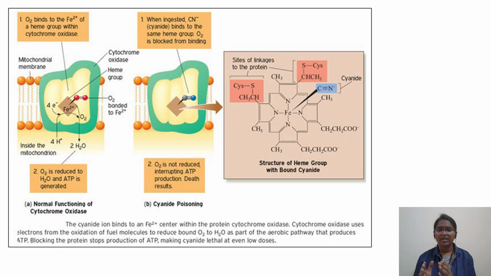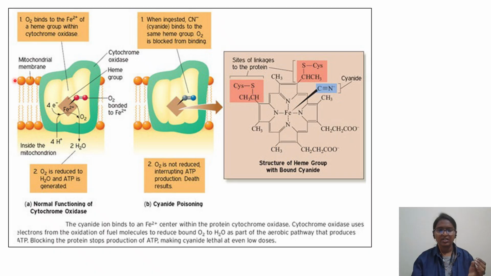Let's see what is happening in the normal functioning of cytochrome oxidase and what is happening in cyanide poisoning. Before going into the treatment, let us first understand how the mechanism of cyanide poisoning works. In normal cells, oxygen goes and binds with the Fe+2 state in the heme group.